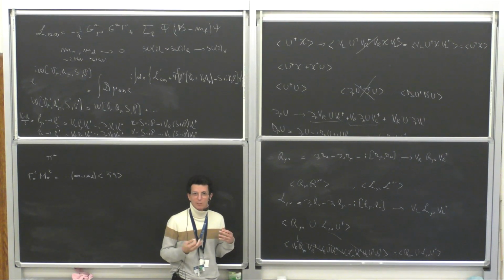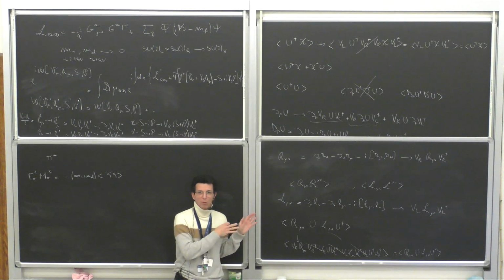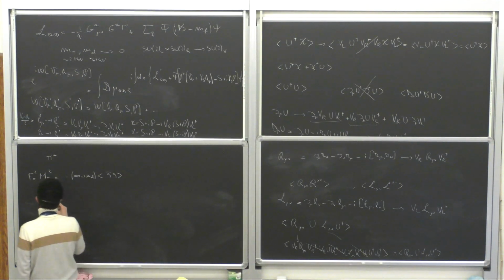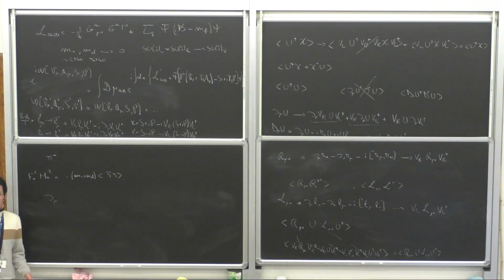There is a power counting rule on top of this general construction. The power counting rule is the fact that each time there is a derivative, these correspond to momenta of the relevant particles, or of the pions, let's say, which at low energy are small.